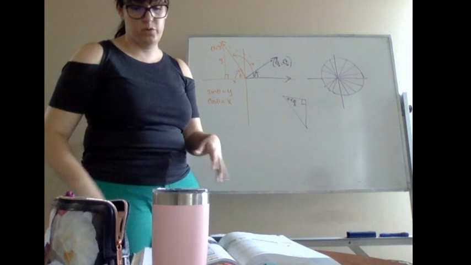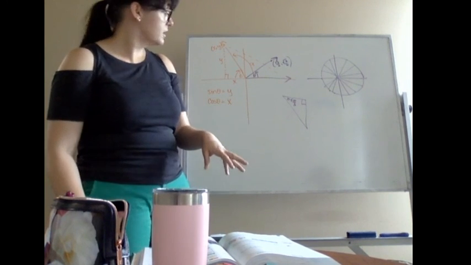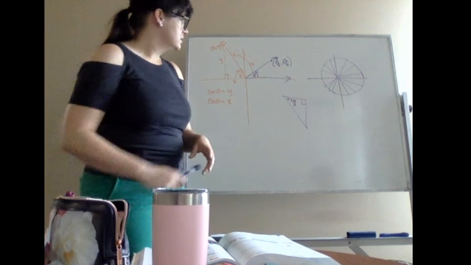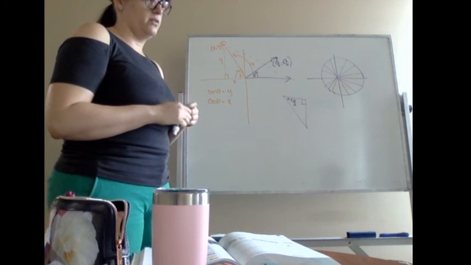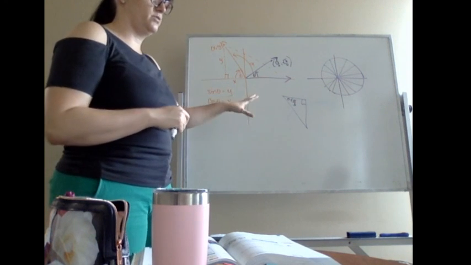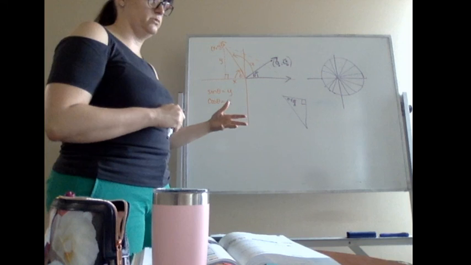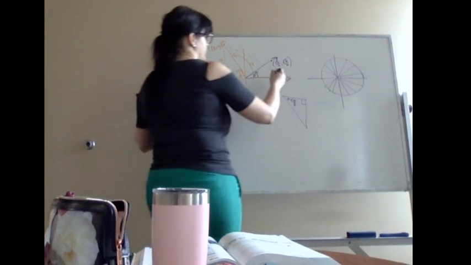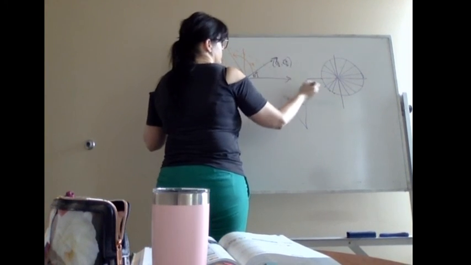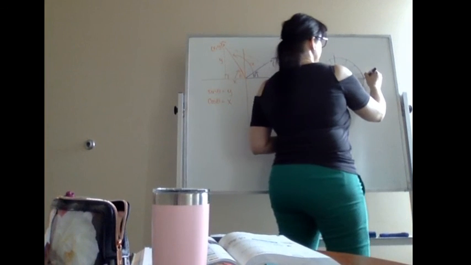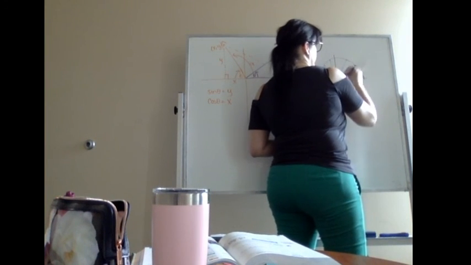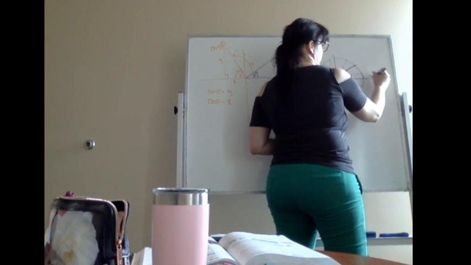The only other thing I want to mention, because the book is going to go more in depth about properties of all of these types of things. You'll learn those as you are exposed to them. Referencing the circle, if you have an angle right here, this is your angle.